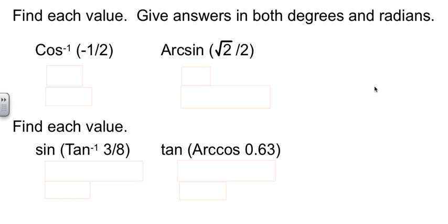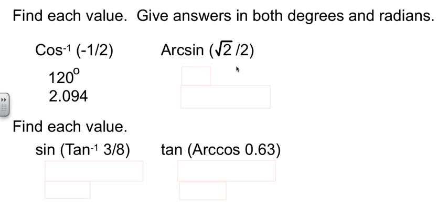So we're going to have to do the problem basically twice, but since it's just pushing buttons, it's not that big a deal. If we do inverse cosine of negative a half in degree mode, we get 120 degrees. If we switch our calculator to radian mode and do the same problem, we get 2.094 radians.